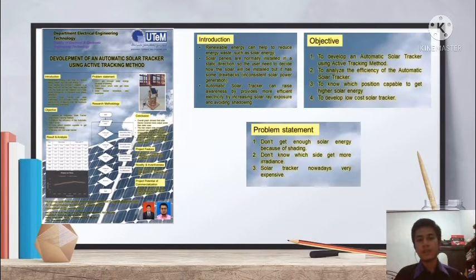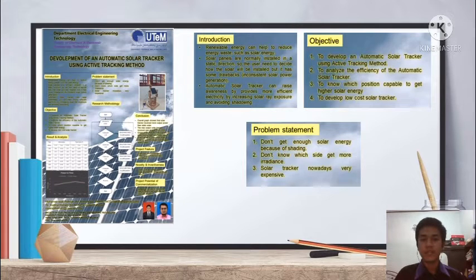Okay, next, let's go to the introduction. Nowadays, many people think that renewable energy can help to reduce energy waste, and today we'll focus on solar energy. For solar energy, users need to provide solar panels that are normally installed in a static direction.